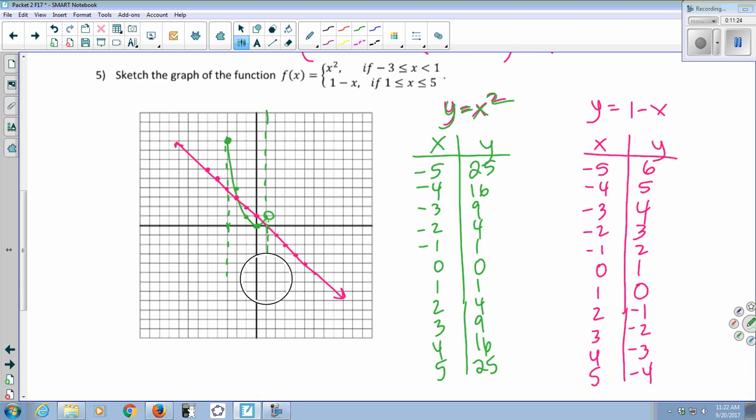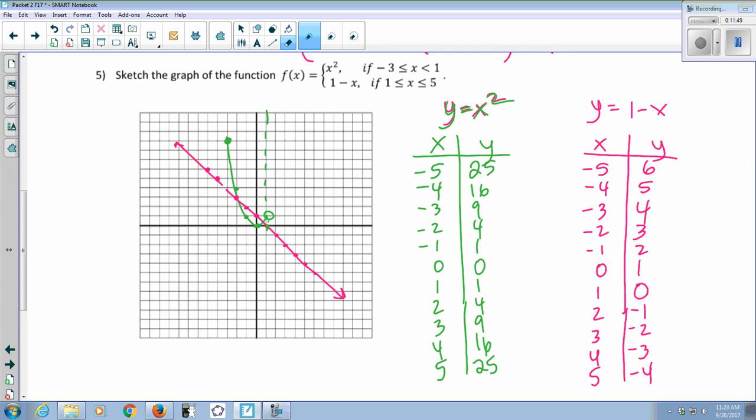All right, and then I'm just going to erase my fences too. Those aren't part of the graph. They were just to help me decide what to erase. Okay.